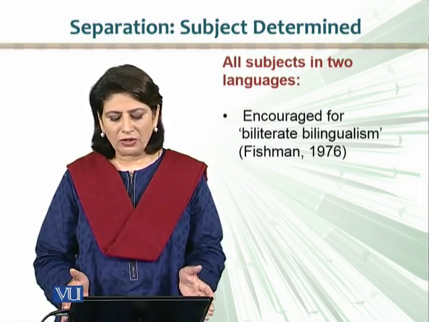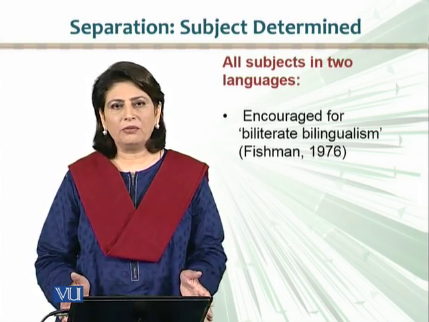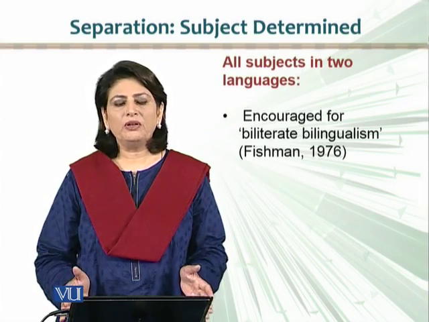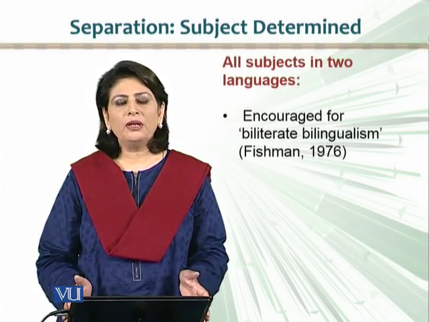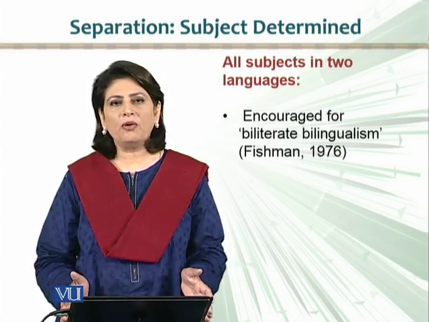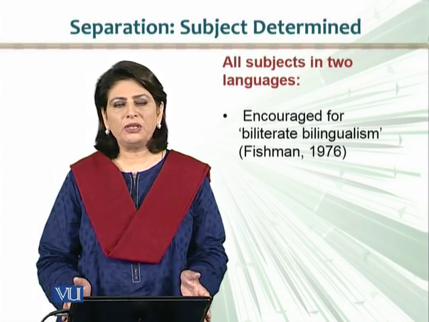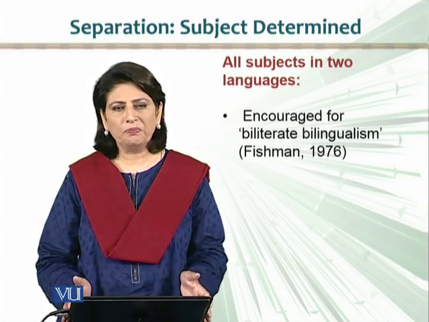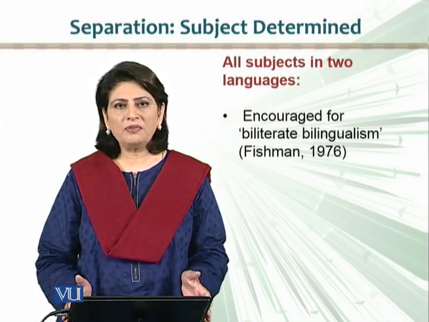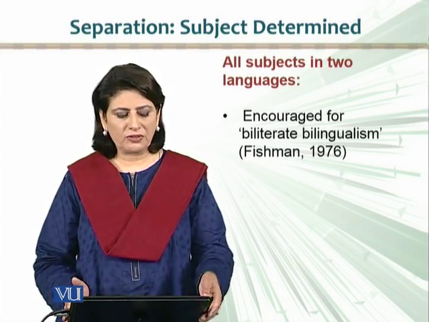So this is what we call biliterate bilingualism. Now, in biliterate bilingualism, the goal is that the children, after their education, should be equally literate in all the languages that they have been taught during the school. So we aim to develop literacy in the same subjects in two languages.